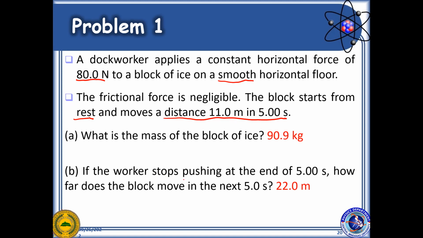So since the pushing has been stopped, it means that the block of ice is no longer accelerating in the next 5 seconds. So it is moving with the same velocity as it has in the first 5 seconds. So, for example, the initial position of the block of ice, and then it has traveled 11 meters in the first 5 seconds, according to the problem.